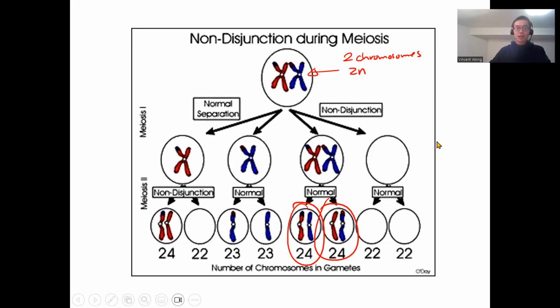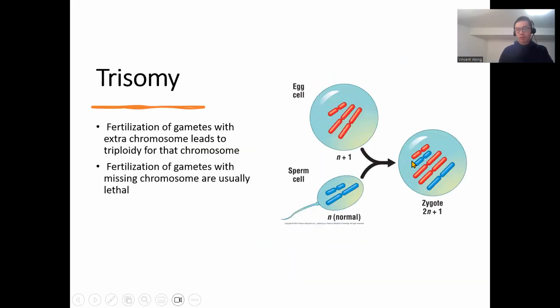Well, in that case, the baby is going to end up having what we call trisomy. Tri means 3, right? So instead of having 2 sets of chromosome, they will have an extra chromosome for whichever one that was not separated. So like if chromosome 20 was not separated and it made it to the egg, then the person will be born with trisomy 20, right? 3 chromosome 20.